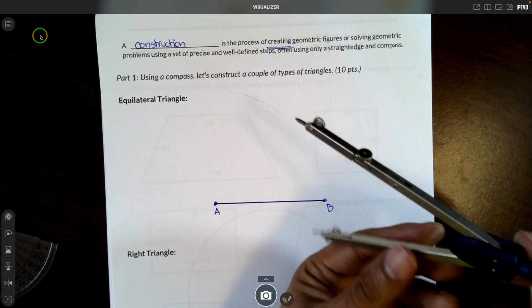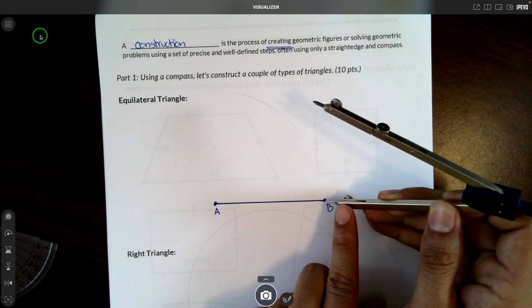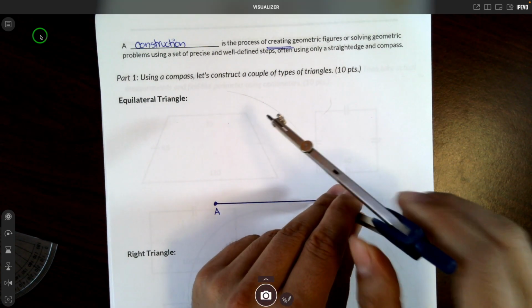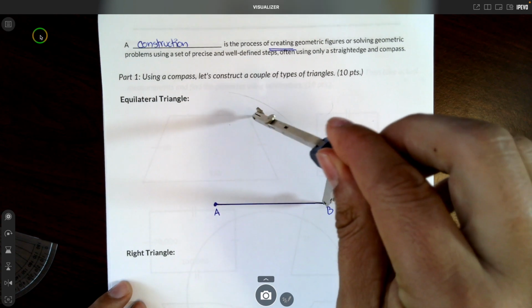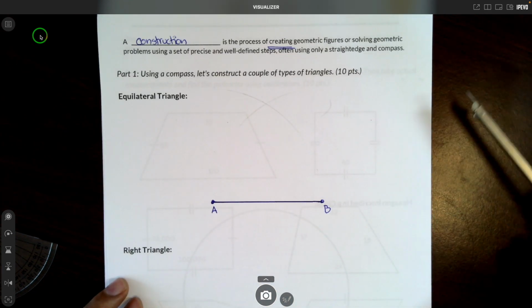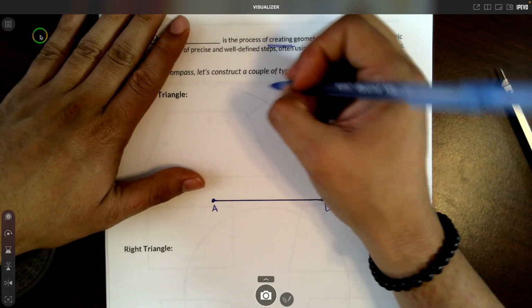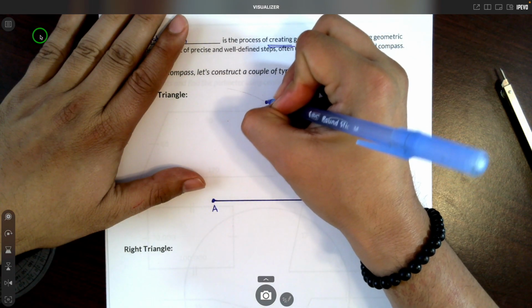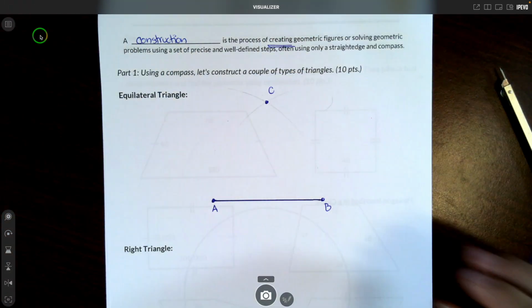And then I'm going to switch the compass from A to B. So put the needle right there. Draw the arc. And they make an intersection point. I'm going to label this C. And this is pretty cool.